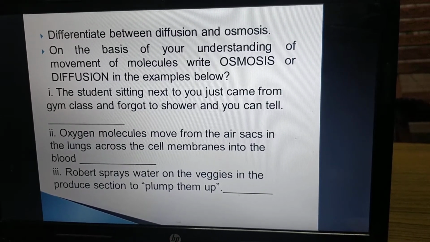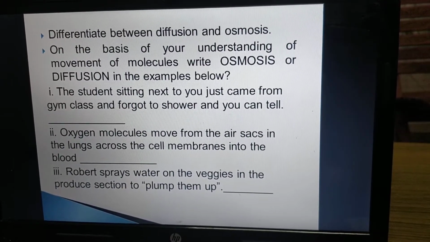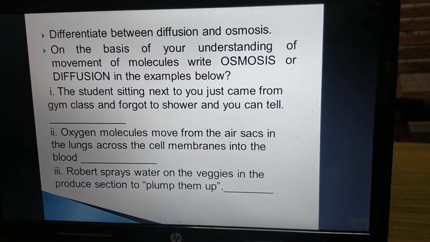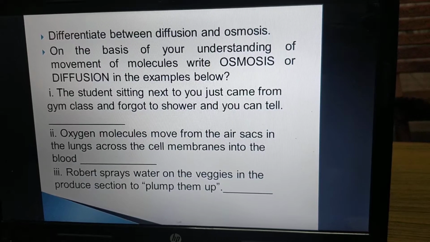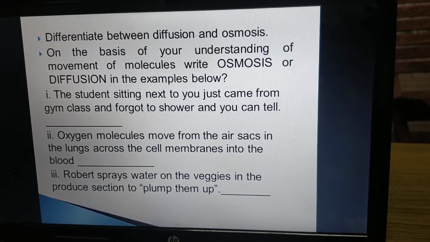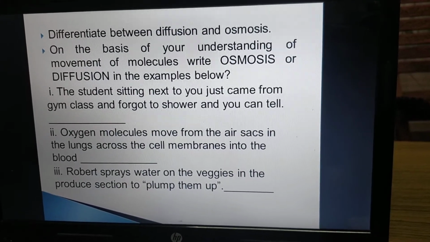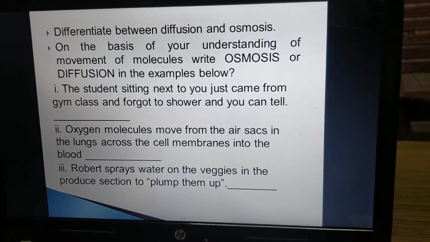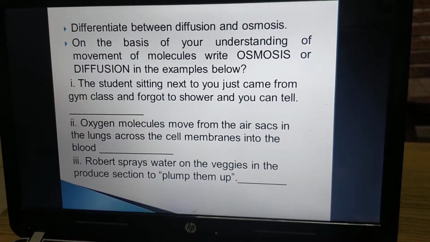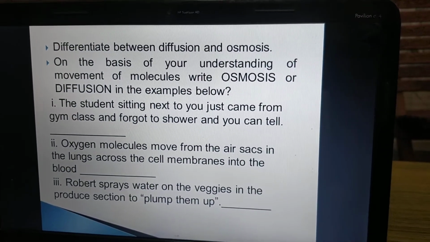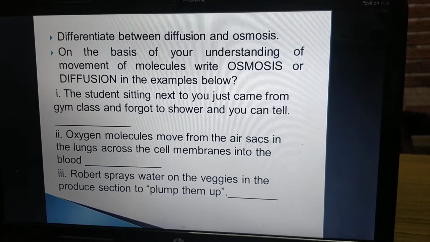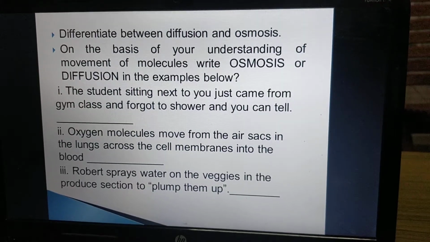The third one is: Robert sprays water on the veggies in the produce section to plump them up. वेजिटेबल्स के ऊपर वाटर स्प्रे किया जाता है to plump them up, वो थोड़ा फूल जाते हैं, फ्रेश लगते हैं. तो आपने ये प्रोसेस का नाम बताना है कि यहाँ पे ऑस्मोसिस है या डिफ्यूजन है.